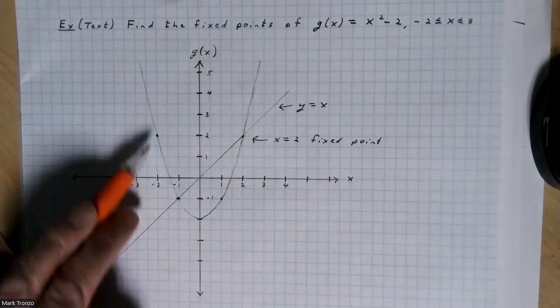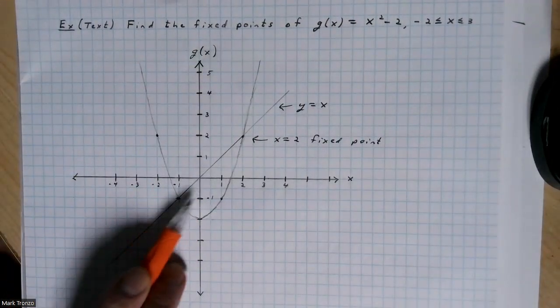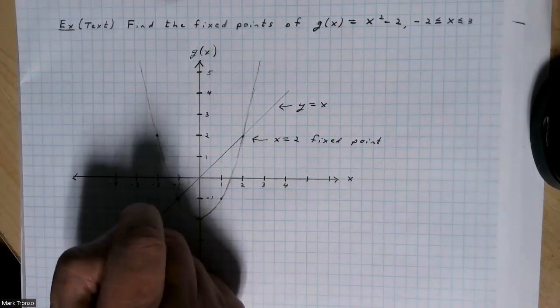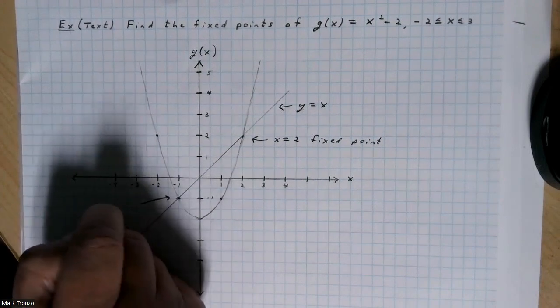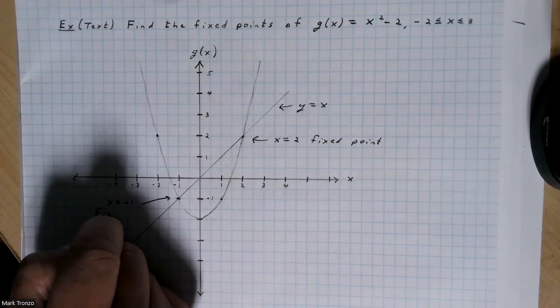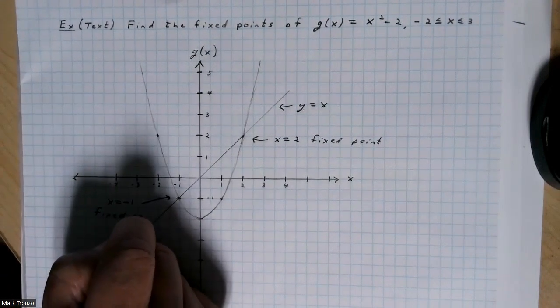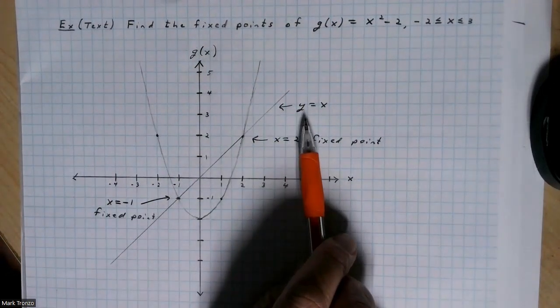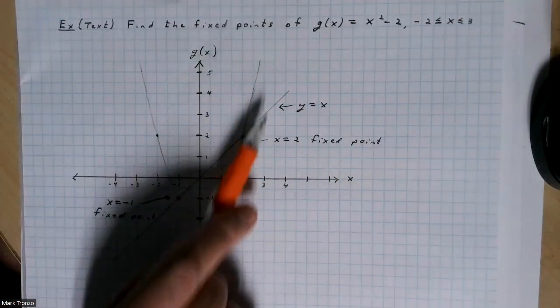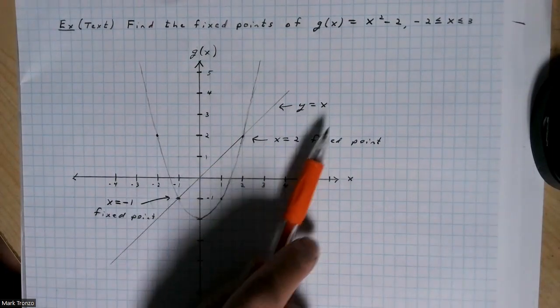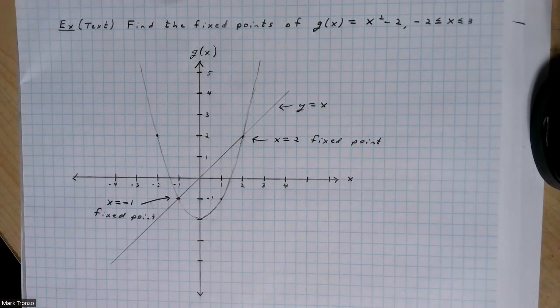And also notice it crosses the graph down here, and just double check: here we put in -1 and get out -1. So here as well, x equals -1 is a fixed point. So that's a way graphically you can do it. Just draw the line y equals x, draw your function. Any place where your function crosses y equals x is going to be a fixed point.